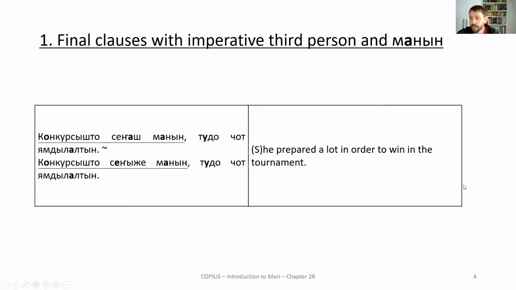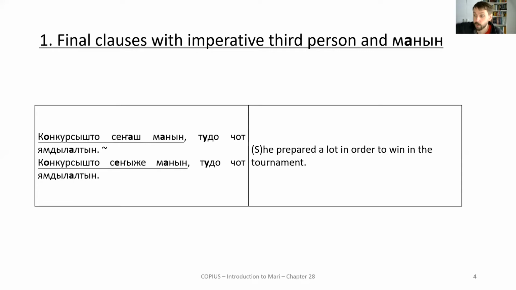We have already had final clauses with mannen before when we learned things like konkurse stosengash mannen tudel chot yamdelalten. They prepared strongly so that they would win at the competition. But there is a limitation that this had, the usage of the infinitive together with mannen, and that is that it only works when we have same subjectness, when I am doing something for me to blah, blah, blah.